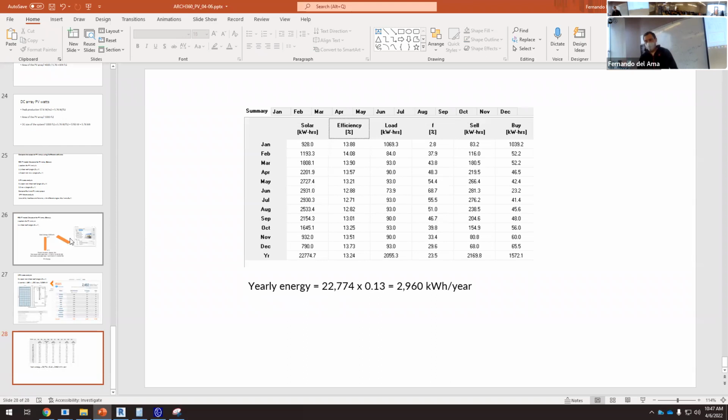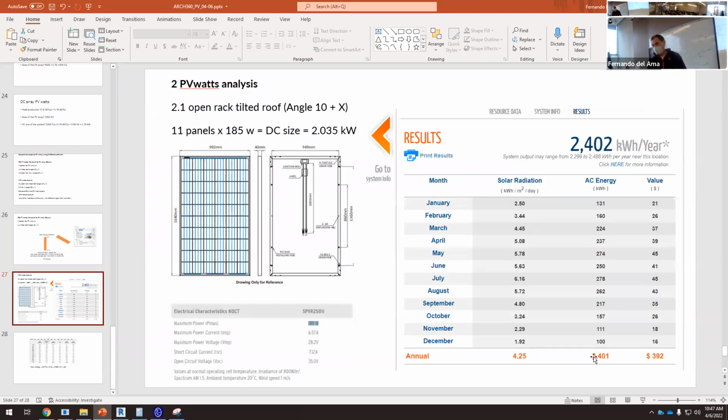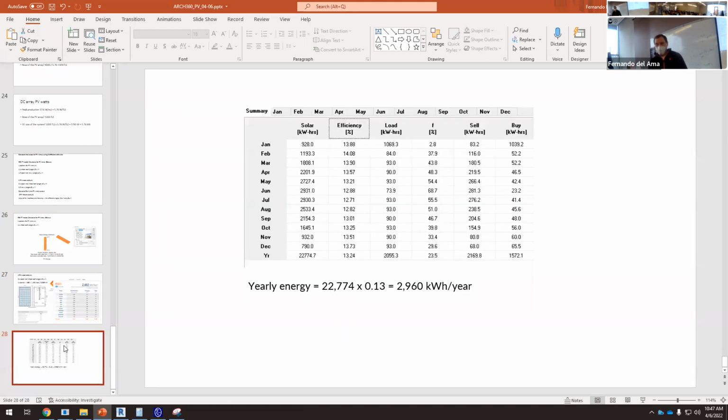Okay. So here we have the Revit analysis, 3,500. The PV watts, 2,400. With this panel, the yearly production is this. What were the inputs? We have the area. It's 17 square meters.